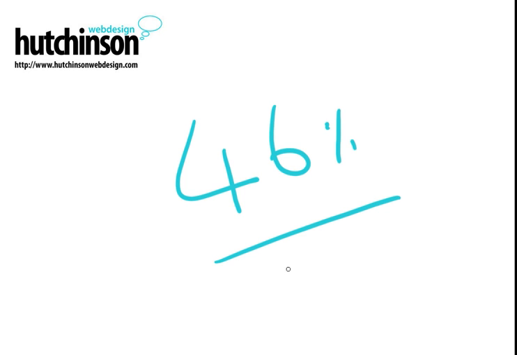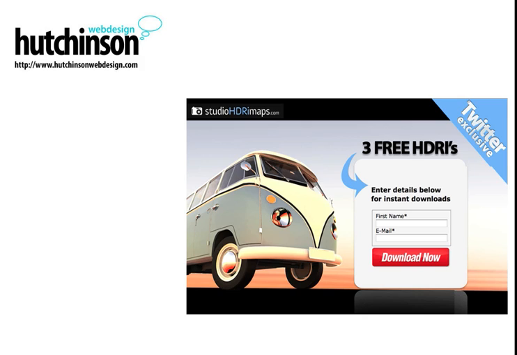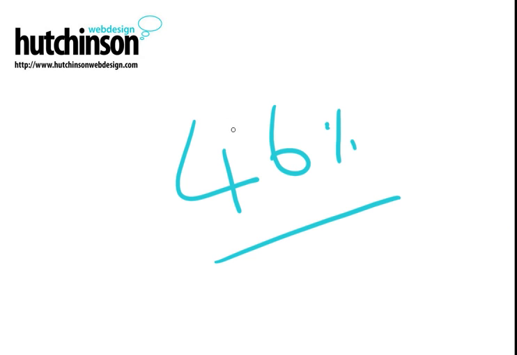That is roughly a conversion rate of 46%, all because of the free giveaway and the fact that, not probably the best designed landing page out there, the key elements were there, nothing too fancy, but it did the job. So a 46% conversion rate compared to your typical 5 to 8%.